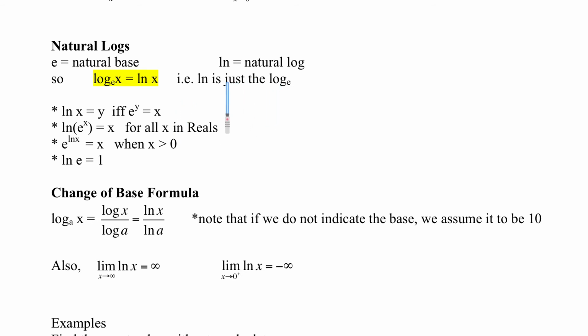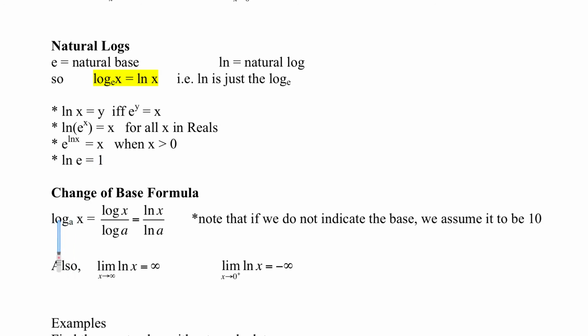It just works out a little bit better. So from above, ln x equals y if and only if e to the y equals x. That's a definition. Ln of e to the x equals x, because ln and e undo each other, and e to the ln x is x because they undo each other. That's just part of the rules of logarithms. And then we have ln e, which is just 1.